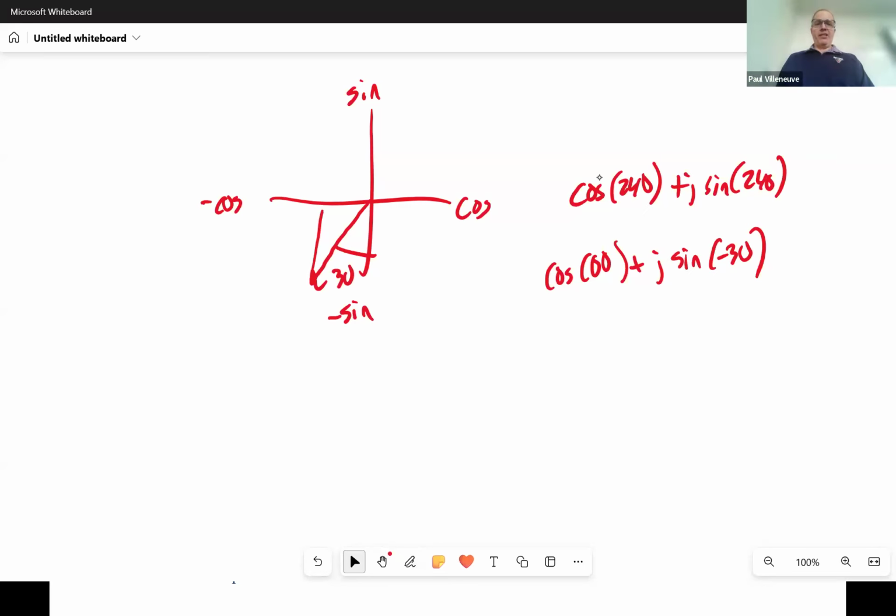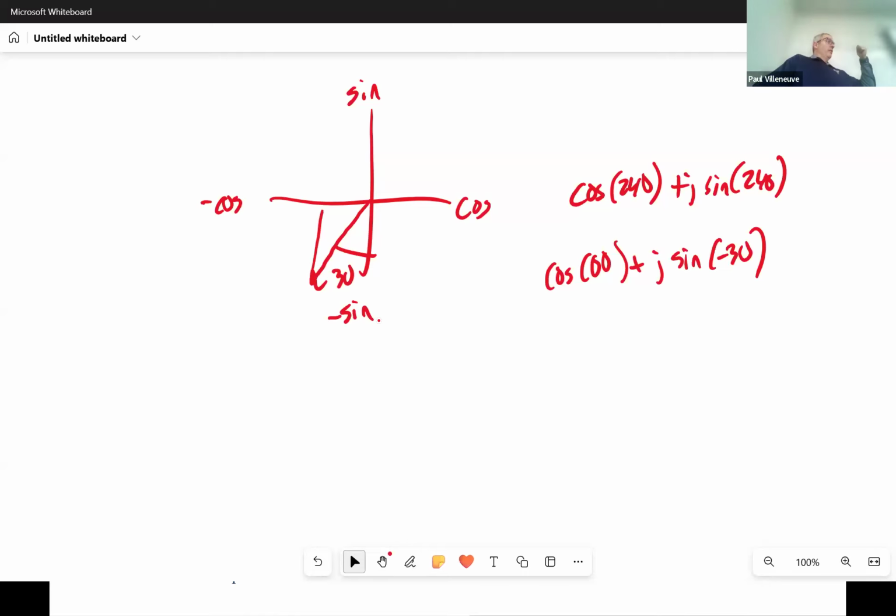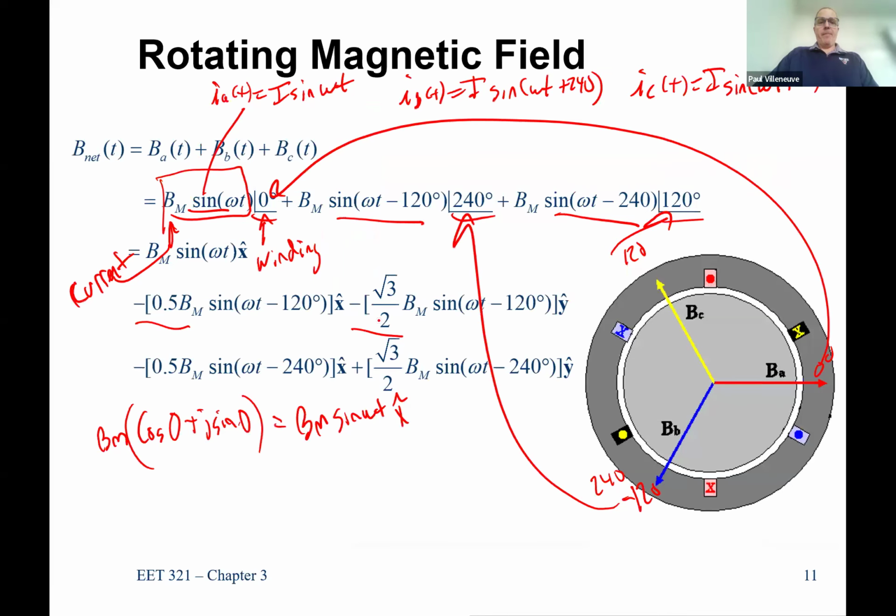And that should get us minus 0.5 and the square root of 3 over 2. If you don't remember, sine of 0 is square root of 0 over 2. Sine of 30 is square root of 1 over 2. And on and on. We can go through that process and we can get those results. That's how we'll end up with those values there.